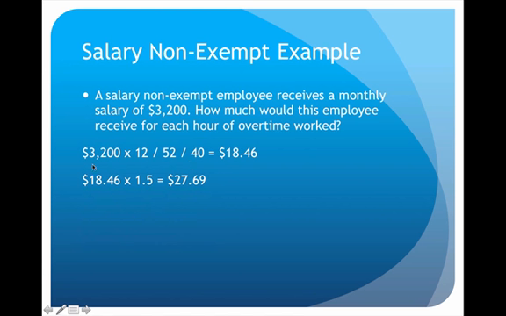So a person who makes $3,200 salary per month really makes $18.46 per hour. And once I get that per hour rate, I can then multiply that by 1.5, and that gives me $27.69. So for every hour of overtime that salary non-exempt employee worked, they would earn $27.69. So it's really just a matter of understanding those pay periods and being able to convert the information that we've been given.